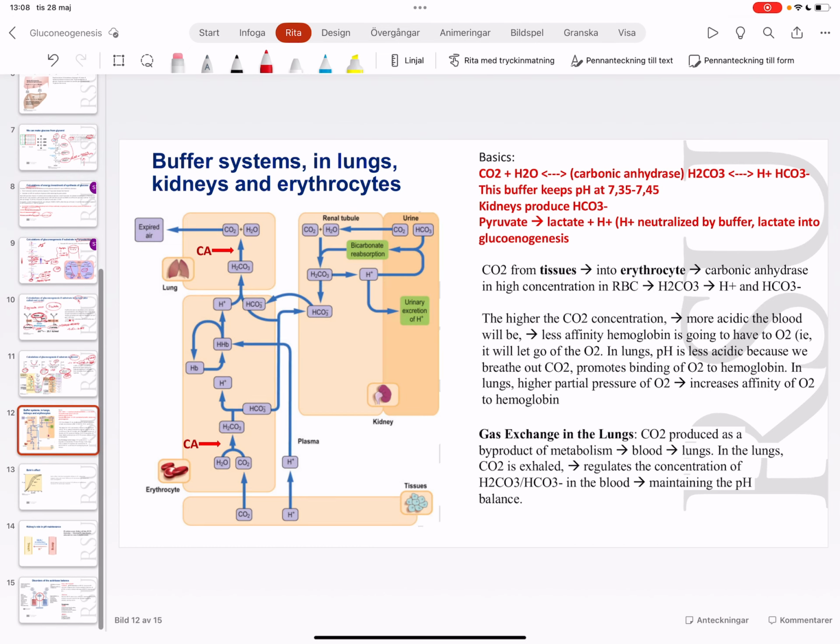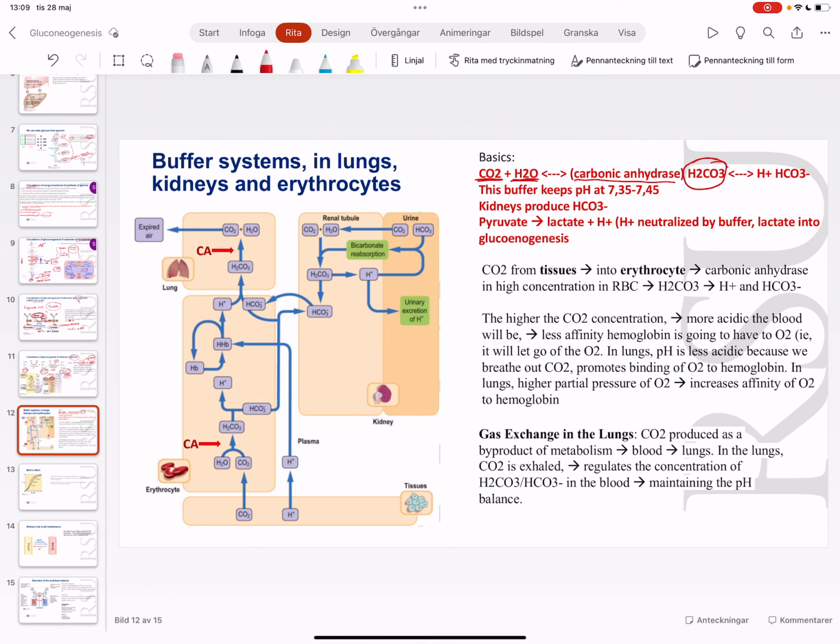Okay, buffer systems in the lungs, kidneys, and the erythrocytes. The most important thing to know here is the bicarbonate buffer system. It says that carbon dioxide plus water will give us carbonic acid, with the help of the carbonic anhydrase enzyme.